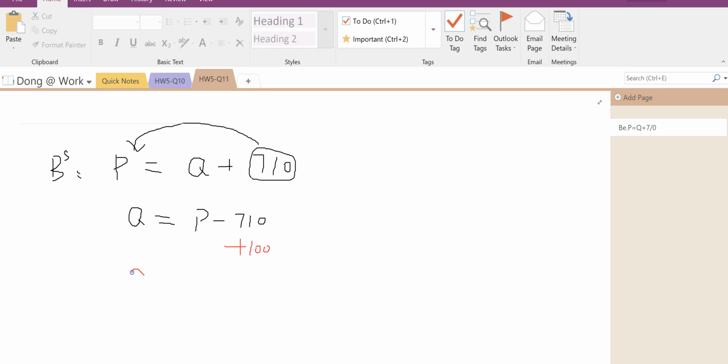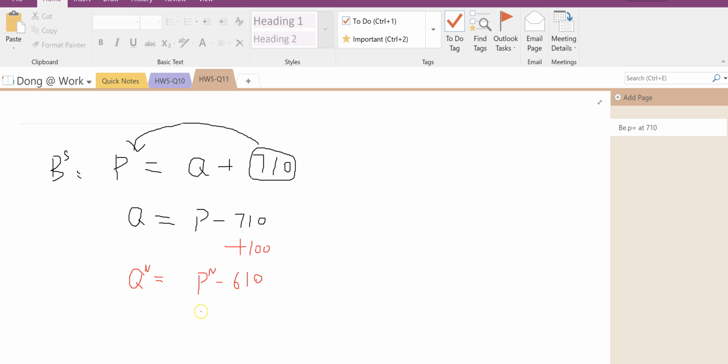So the new Q, Qn, equals P minus 710 plus 100, so that gives me 610.